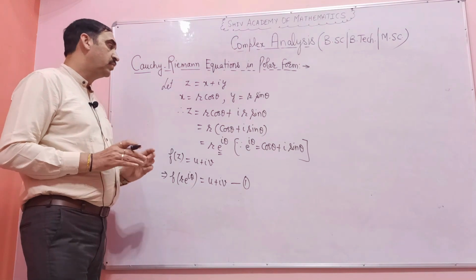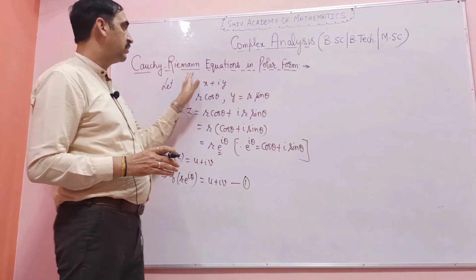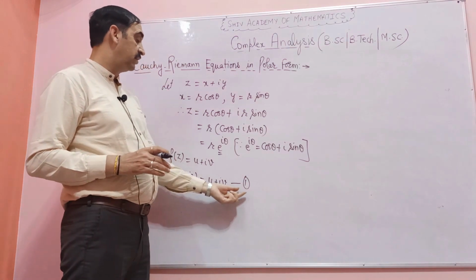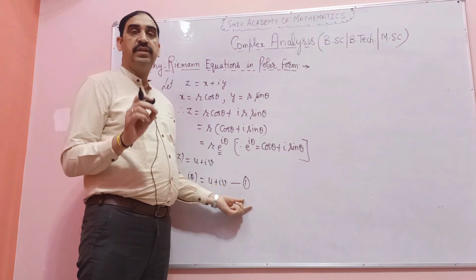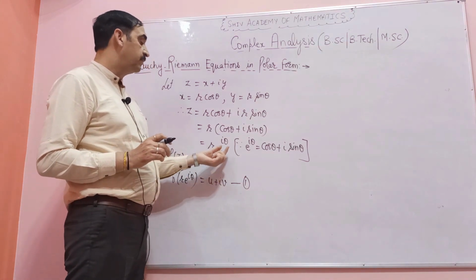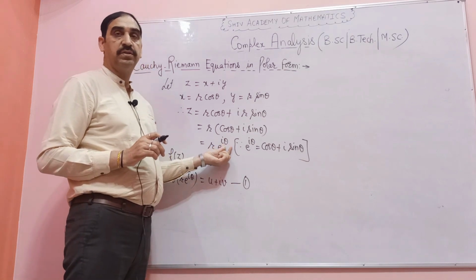And dear students, when you have to find CR equations in polar form, you will differentiate this one partially with respect to r, and second partially with respect to theta.